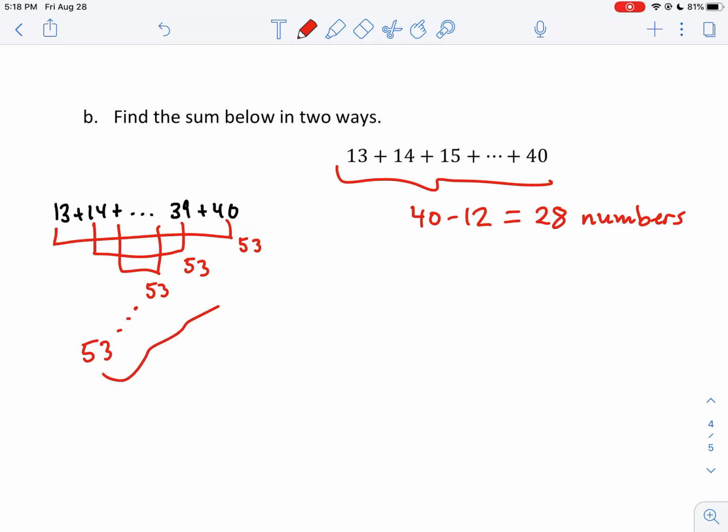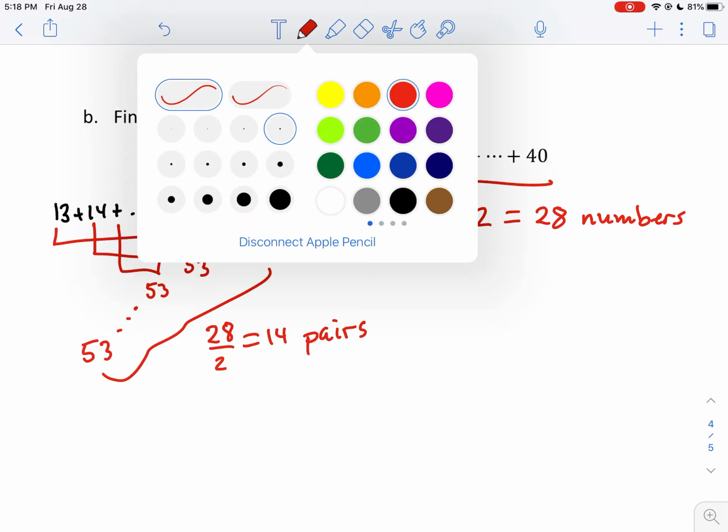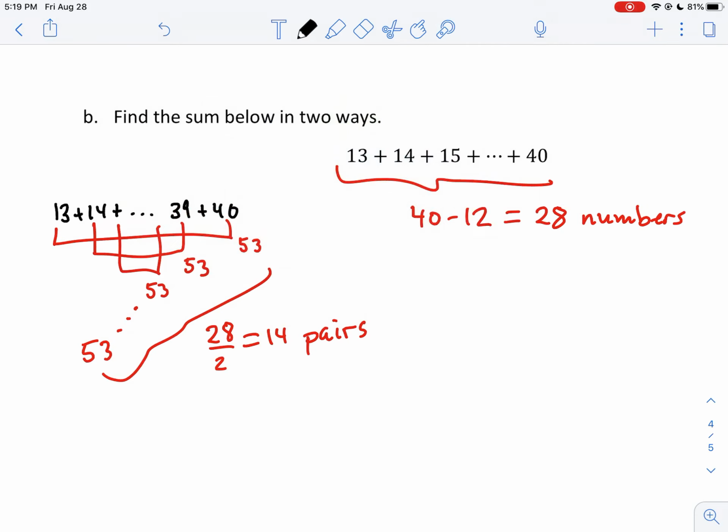All right, well, that helps me know that there's going to be 28 divided by 2, which is 14, pairs of 53, right? When I add these first and last, second and second to last, etc., I'm going to get 53 each time, and there's 14 pairs. So it should be true that this sum here is equal to 14 pairs of, and each pair adds to 53.